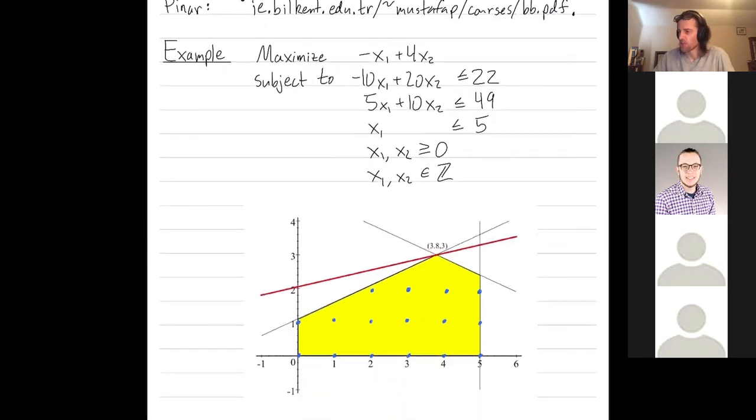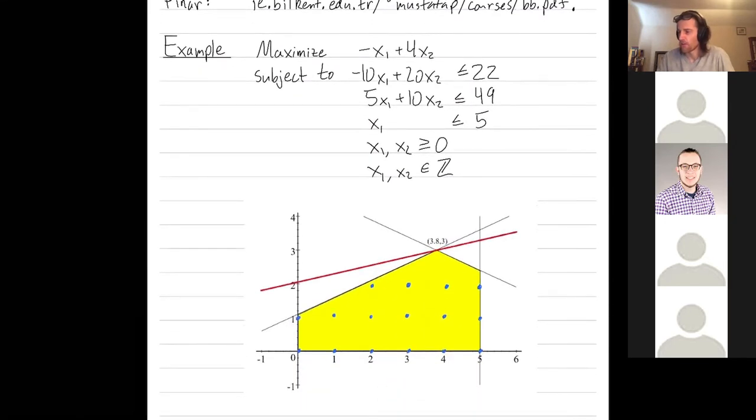Subject to the following constraints. Negative 10x1 plus 20x2 is at most 22, and 5x1 plus 10x2 is at most 49. We also have that the x1 coordinate is at most 5. Both coordinates are non-negative. And what makes this problem hard is that we want an integer solution.